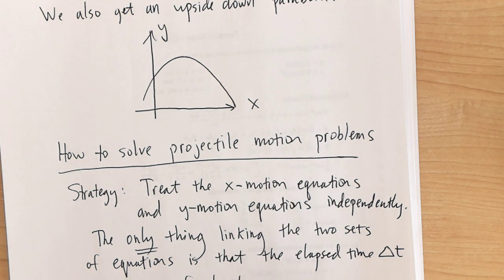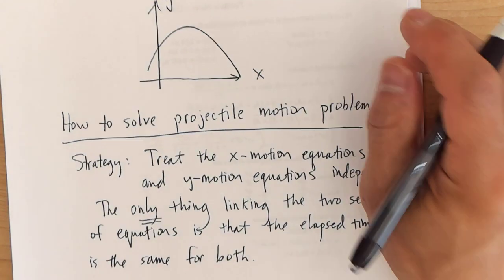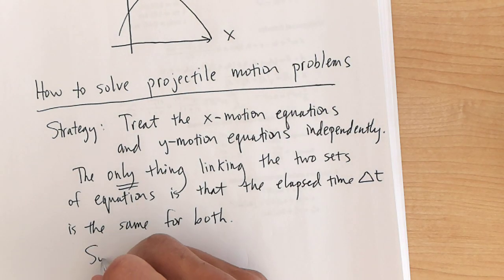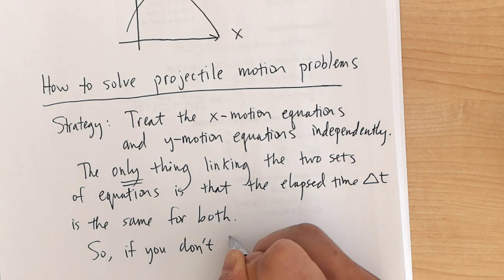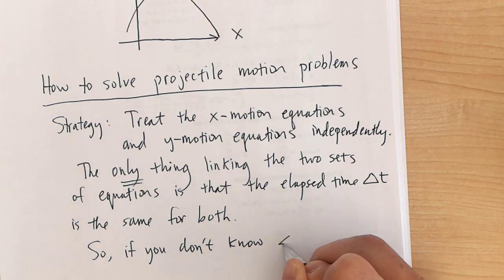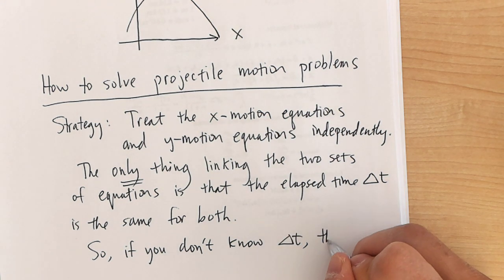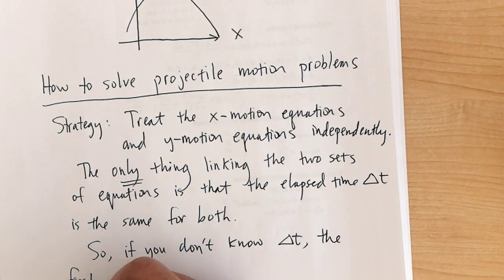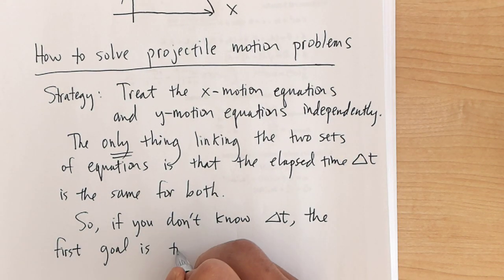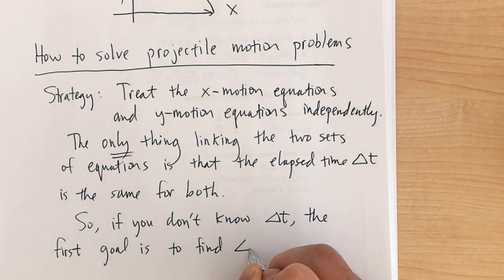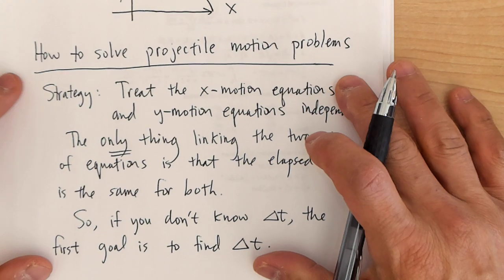Obviously, it's happening at the same time. So if you don't know delta t, the first goal is to find delta t. Okay, so that's the general strategy.